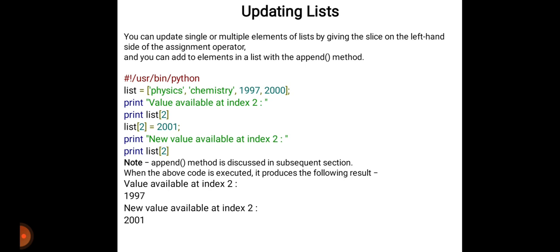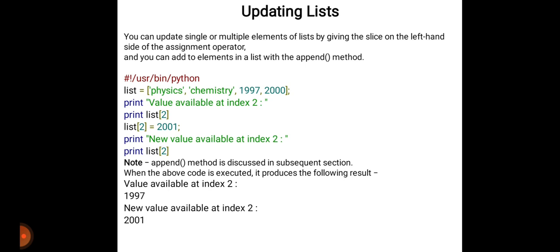Here an example is given: #!/usr/bin/python, again declaring a list, that is physics, chemistry, 1997 and 2000. Print the value available at index 2. This is our statement.